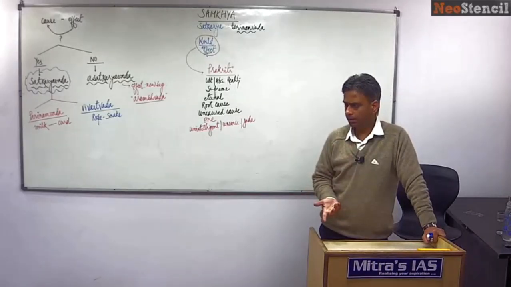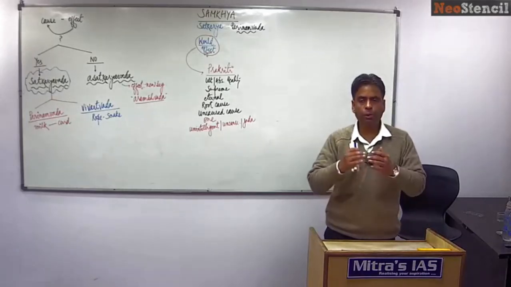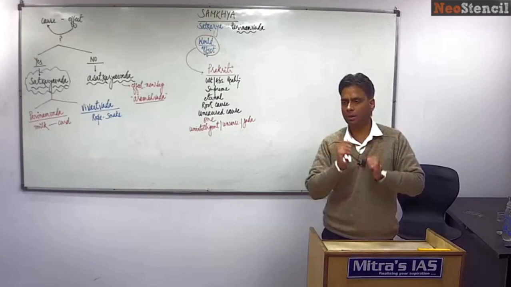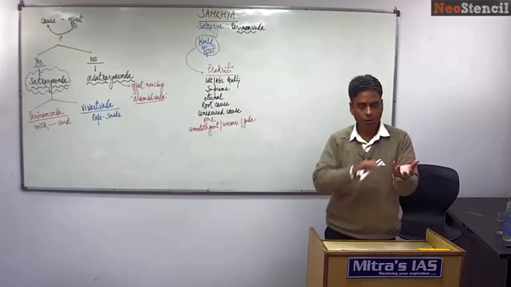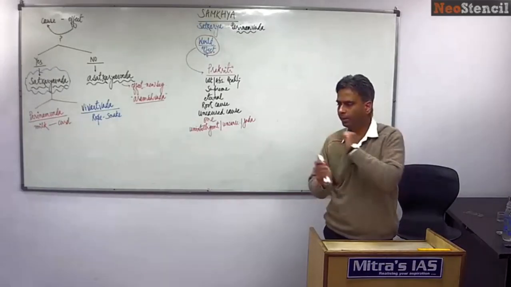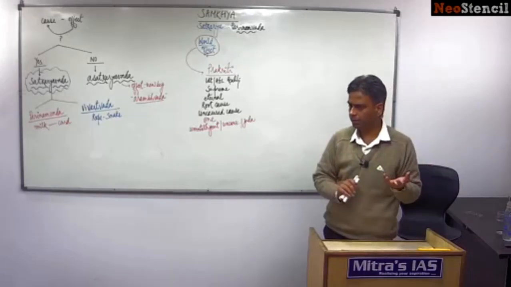Parinamvad means complete transformation of the material cause. मतलब cause पूर्ण रूप से परिवर्तित हो जाता है. ये परिणामवाद हो गया. जिस प्रकार दूध पूर्ण रूप से परिवर्तित हो गया दही में, ये तो हमको भी पता है. Isn't it? कुछ भी नहीं बचता, पूरा का पूरा milk is transformed.